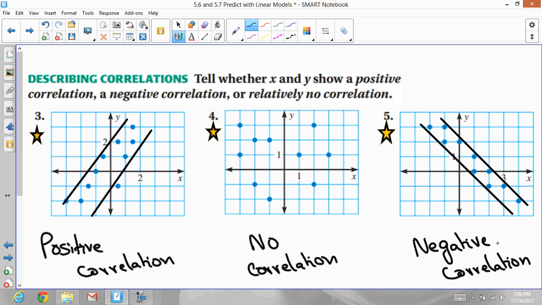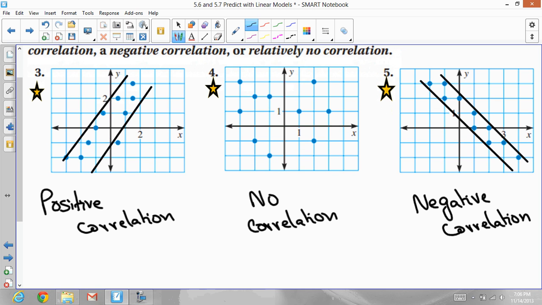Negative correlation. And for a positive correlation, you also have to understand as the X value increases, the Y value also increases. So that is another thing you need to remember. Now for this one, there is no correlation, there is nothing to talk about, you cannot make any connection.